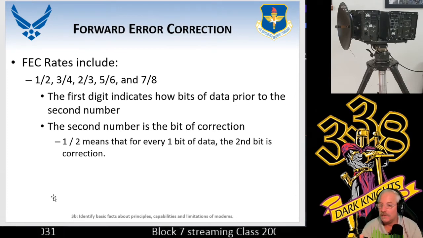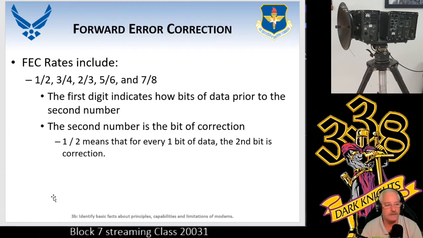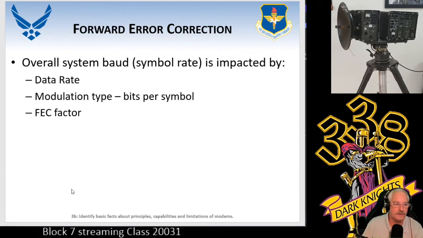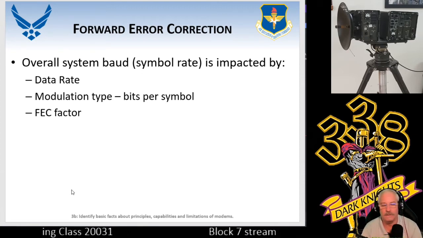The 3/4 means I'm sending 4 bits. 3 of them are the intelligence, and the 4th one is the error code. Same with 2/3, 5/6, and 7/8. So it just goes to show you how forward error correction works. Now, the idea behind this is we have to figure out the baud rate or symbol rate of our equipment.